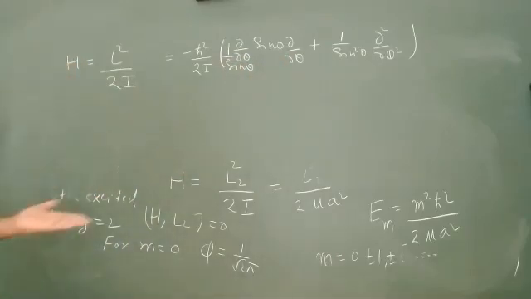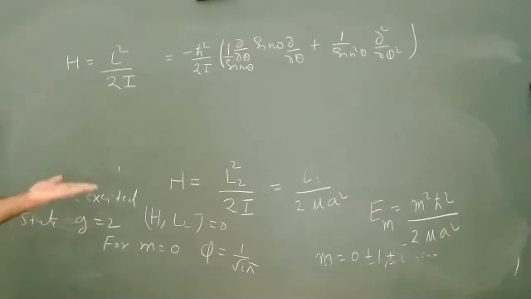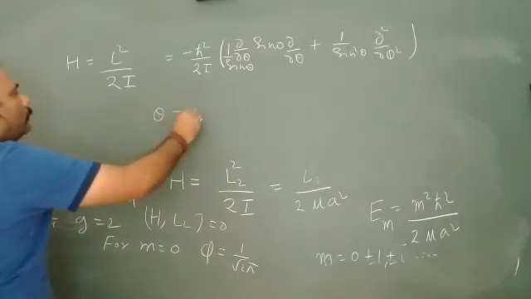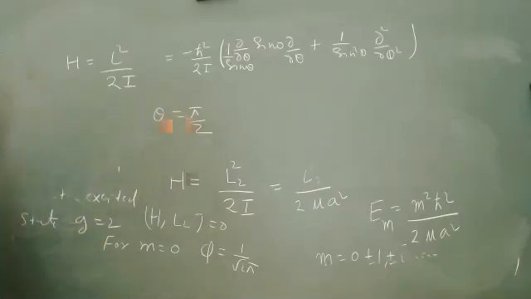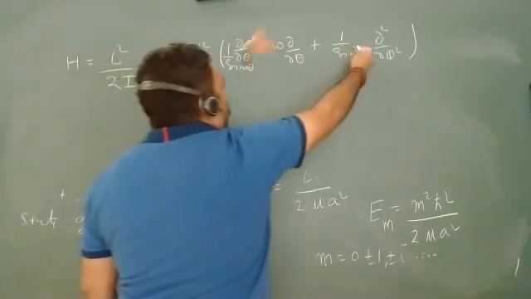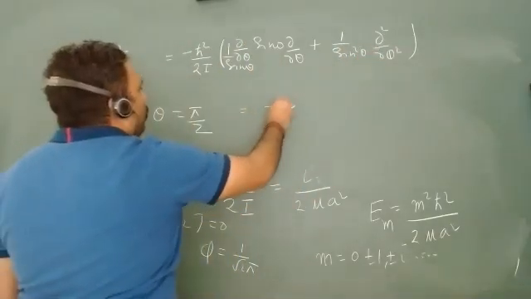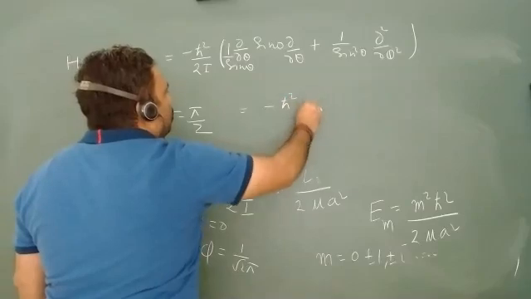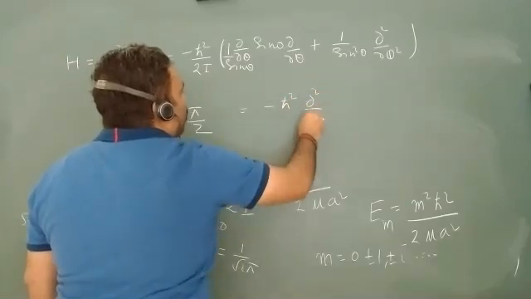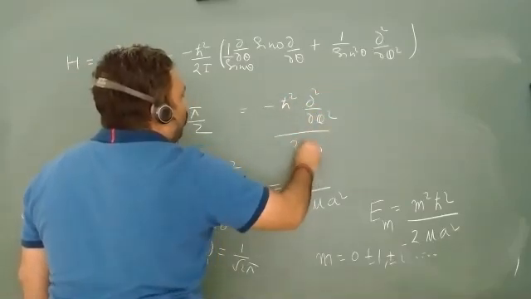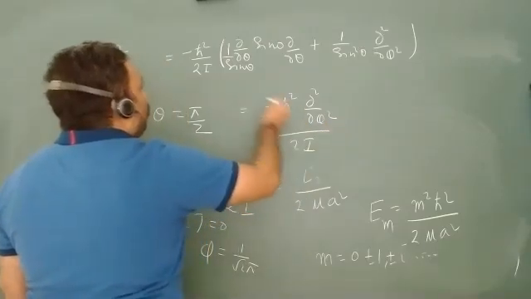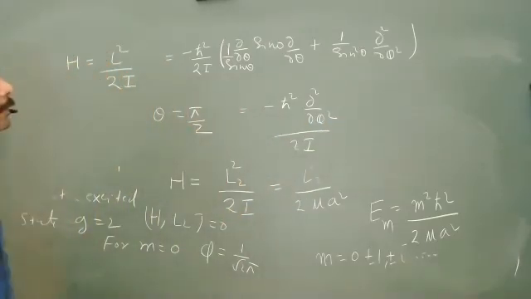Now, if it is rotating in a horizontal circle, then theta is equal to what? Pi by 2. Theta is fixed. So if theta is fixed, then this part goes to 0. This part is 1. What you will have is minus h cut square del phi square upon 2I. And what is this thing?